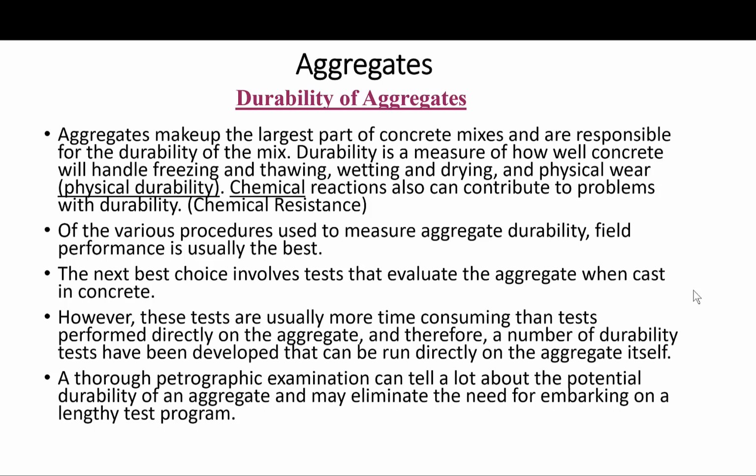The first one is concerned with susceptibility of aggregates to freezing and thawing, or wetting and drying, as well as physical wear. The chemical durability problems are concerned with various forms of the cement aggregate reactions.